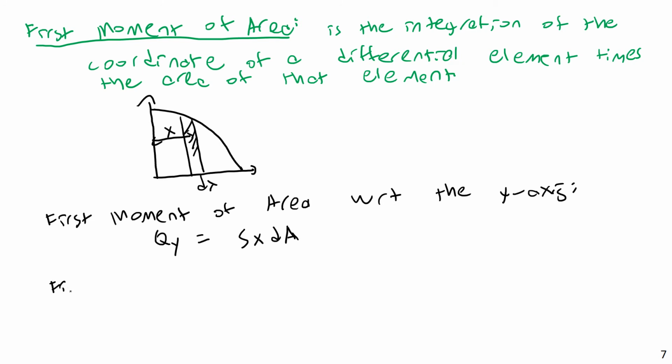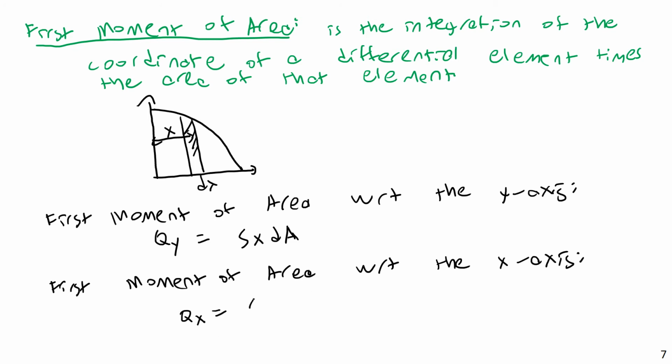And then, the first moment of area with respect to the x-axis is just a very basic modification of this. Qx is equal to the integral of y dA. So fundamentally, if you could add up all of the individual particles in this cross section, and multiply the x-coordinate of each times the area of each of those particles, you would get the Qy.